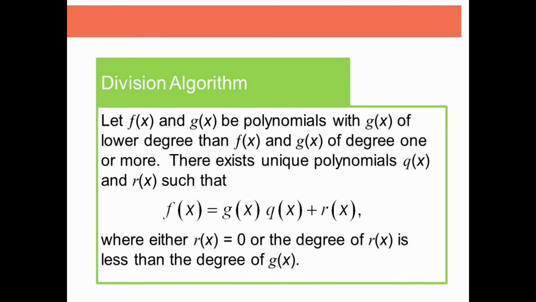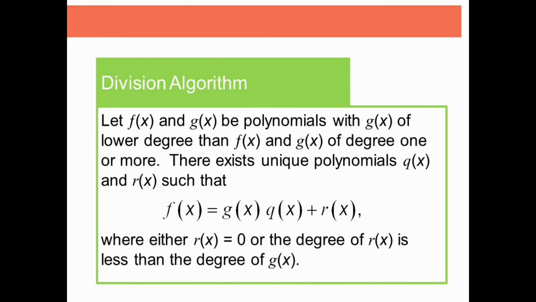So the same property we are going to use for the division algorithm of polynomials. Here also f(x) is the dividend and g(x) is the divisor. So the degree of g(x) should be less than that of f(x), and then we will get two more polynomials.